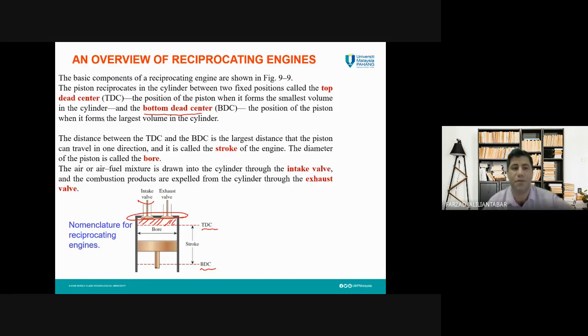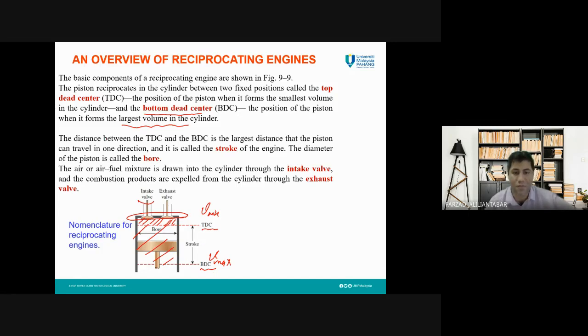This position forms the largest volume in the cylinder. At top dead center, the volume inside the cylinder is this much only, but at bottom dead center the volume of the gas inside the cylinder will be here. So at top dead center we have V min, and at bottom dead center we have V max.